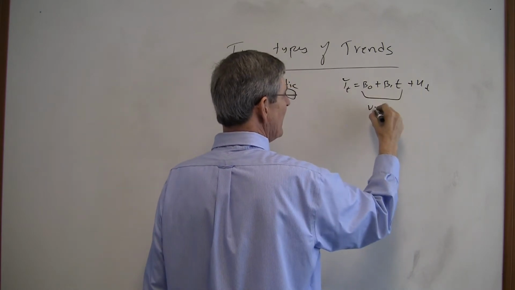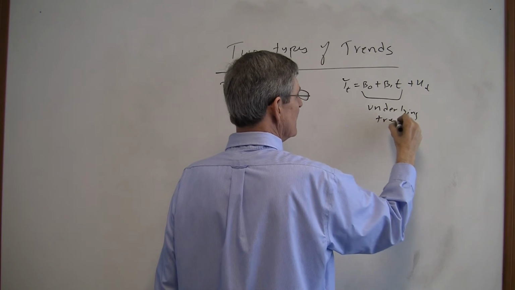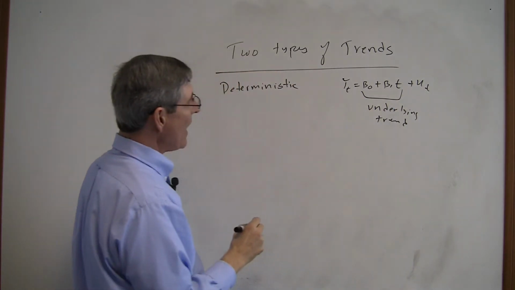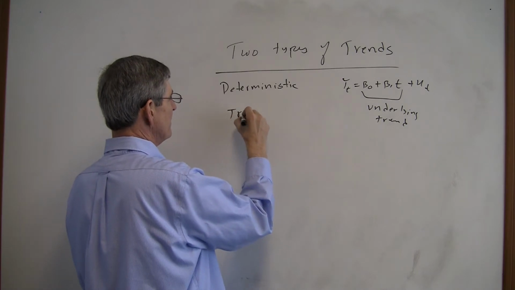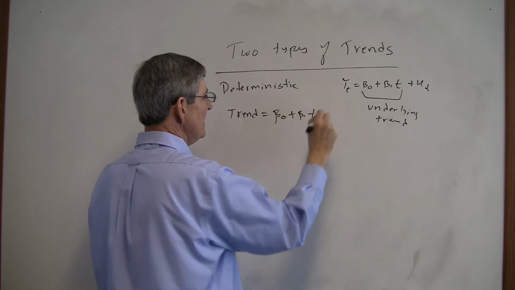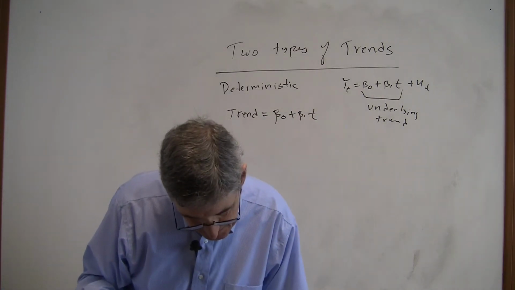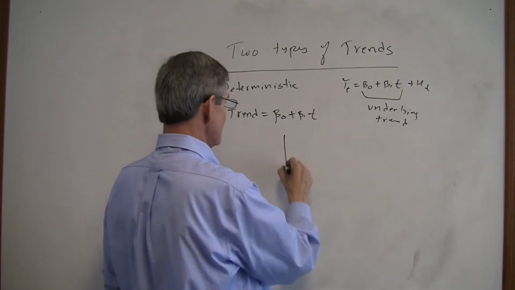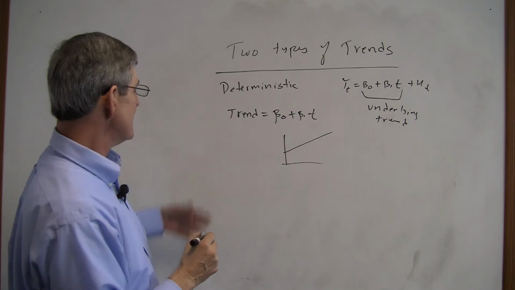This is the underlying trend. And this just gives us randomness about it. And so the trend in this model would be beta naught plus beta 1t. And there's nothing random about it. That's the trend. And so it's deterministic.